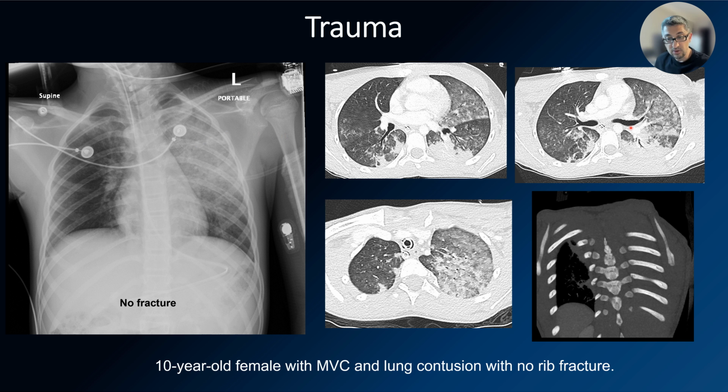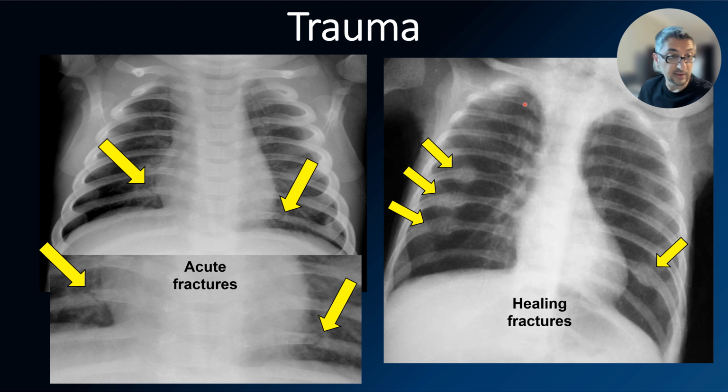And there is a specific type of trauma that we should never miss. It is non-accidental injury, because fractures are not common in children, and especially rib fractures we don't expect. When there is a fracture in a child, in an infant, we should always consider non-accidental injury.